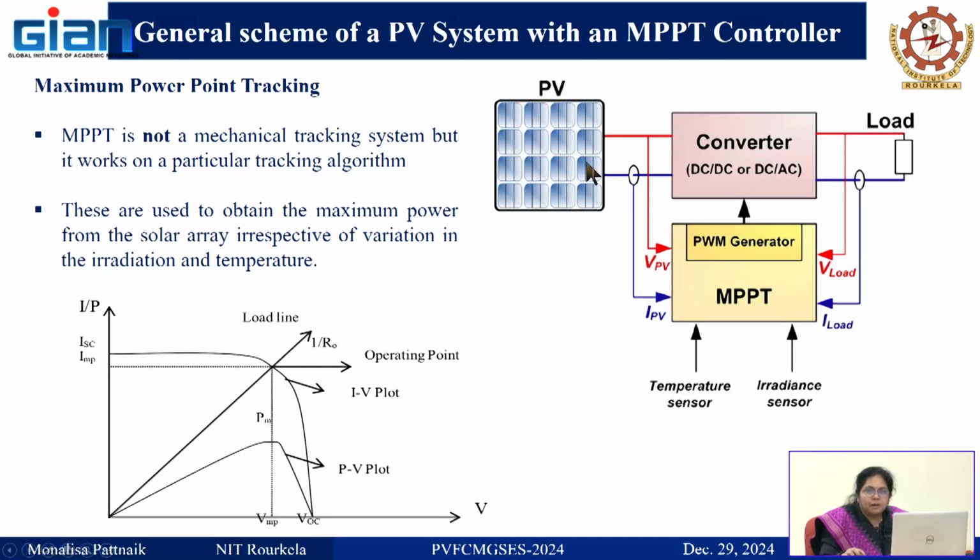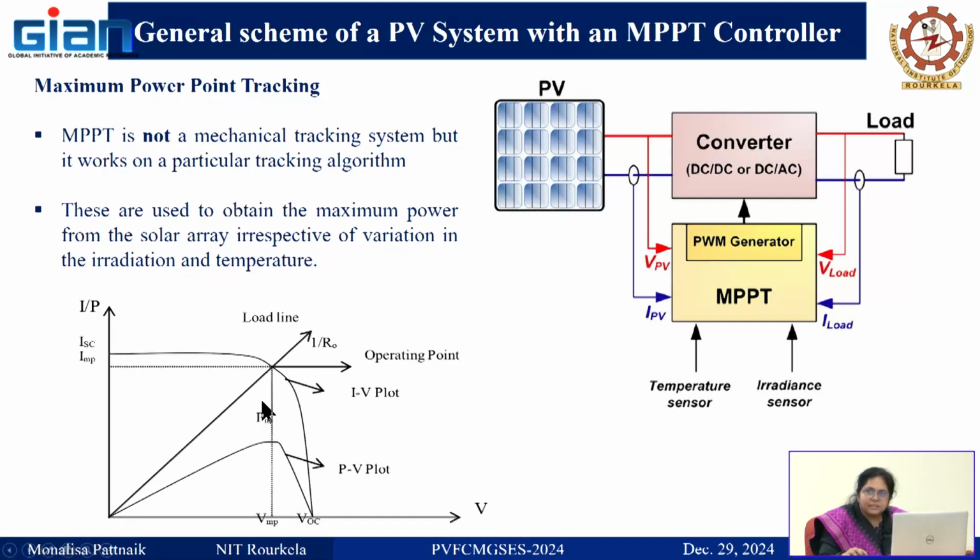But how is this power converter playing a role in how the operating point changes? This is the PV curve, this is the IV curve and this is the load line. It switches from this point to this point, moving either towards the left or right. That depends on how you are controlling your converter.